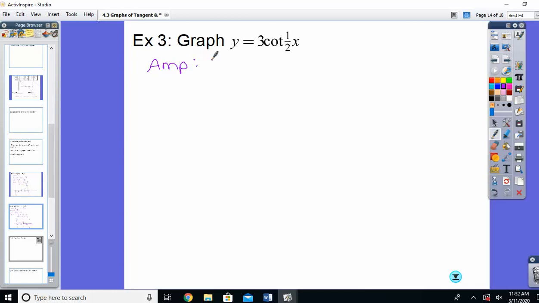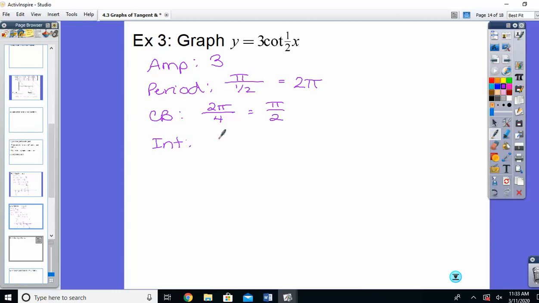Amplitude, period, pi divided by 1/2, which gives us 2 pi. Count by is our period divided by 4 for the 4 quadrants. We get pi over 2. Okay, we wouldn't have to do the interval, but why don't we?